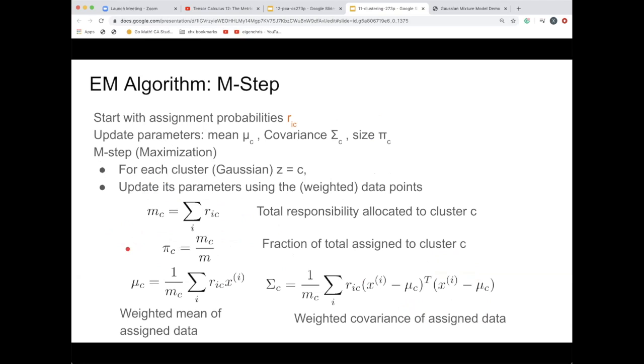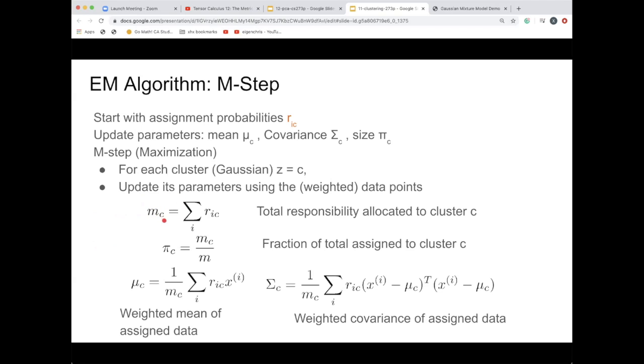That is very similar to the second step of the k-means clustering algorithm, where we update the centers of each cluster. Here it is very similar. We update the mean parameter associated with each normal distribution. You can think of the mean as the center of the cluster.